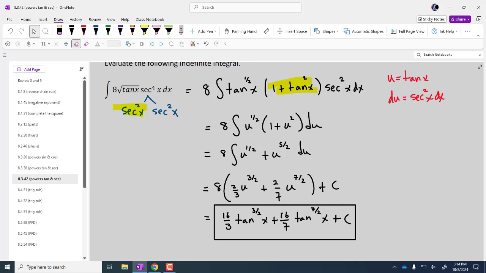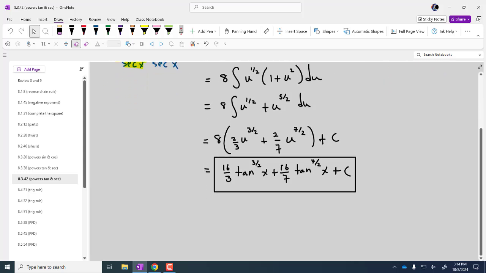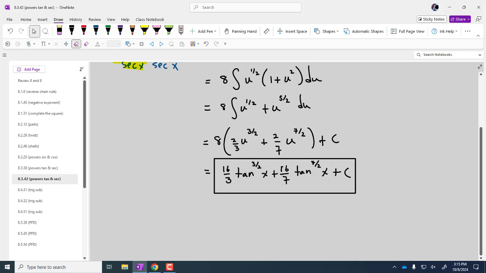Why distribute the 16? Because we can't factor it out of the c. When we factor, we factor out of everything. You don't factor just out of the first 2 terms. Are you following me? Like if you have x squared plus x plus 1, you don't write it like that.